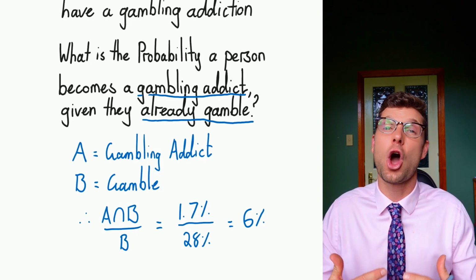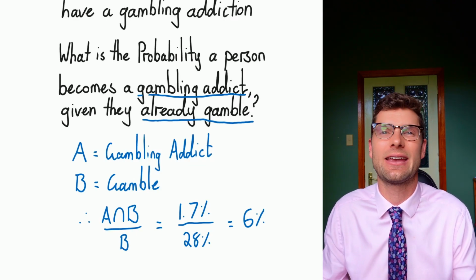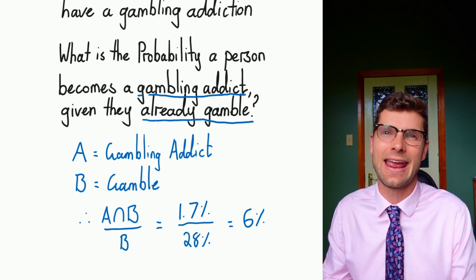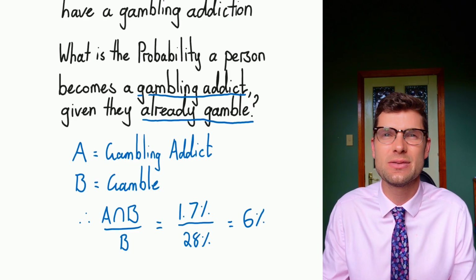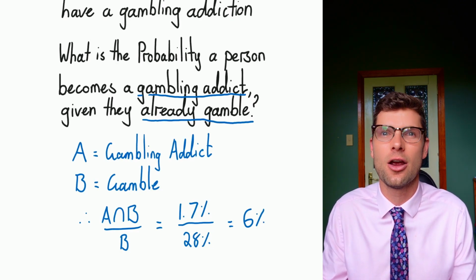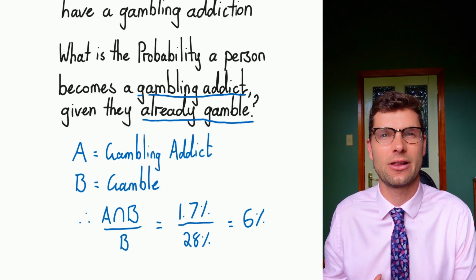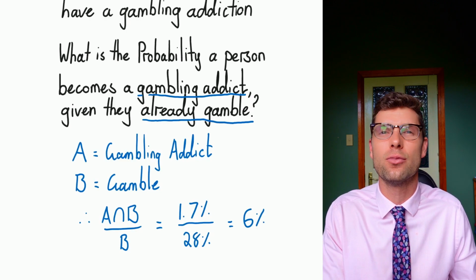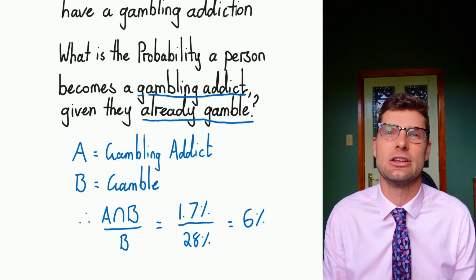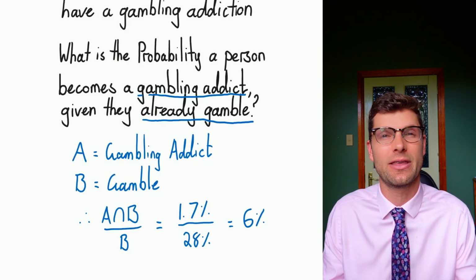So there is a much higher chance for you to become a gambling addict if you already gamble. So the 1.7% is a little bit misleading, right? Not everybody has 1.7% chance of becoming a gambling addict. Only if you gamble do you have a higher percentage of becoming someone that has a problem with gambling.